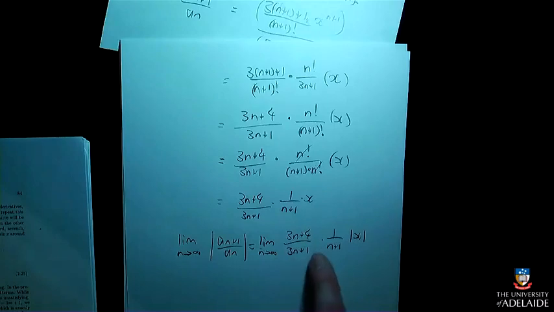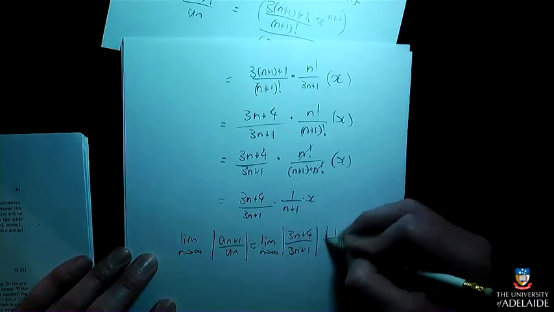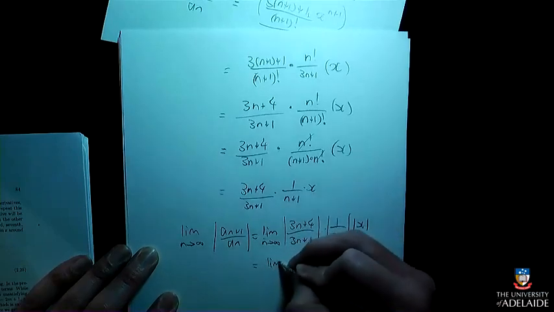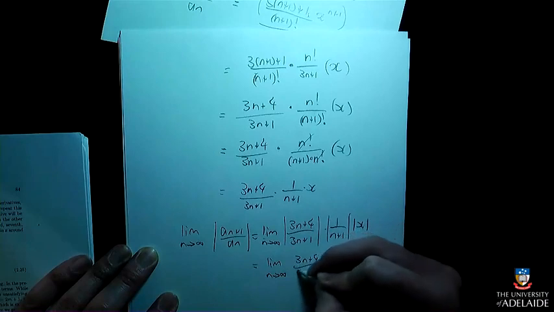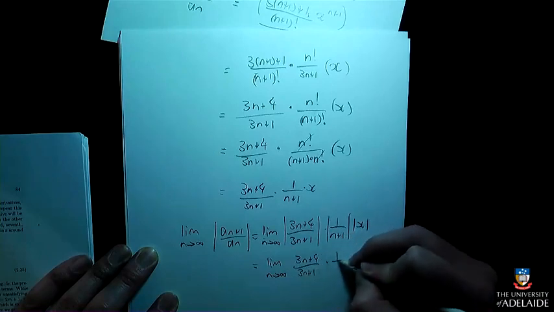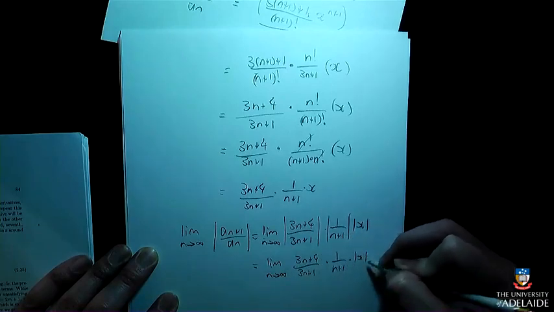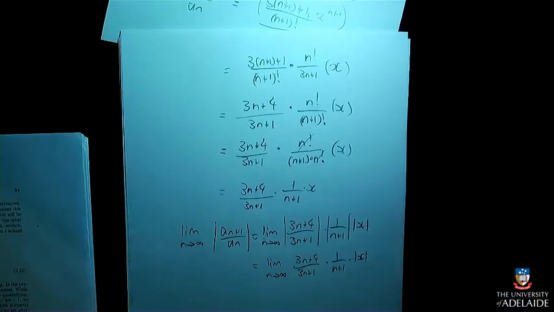So because all of these bits are positive, I don't have to worry about the absolute values. So if I really wanted to do that explicitly, I could do this. But x could be negative, so we need to leave the absolute value there.